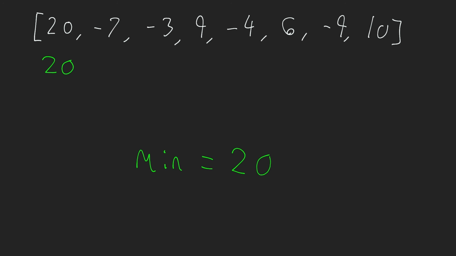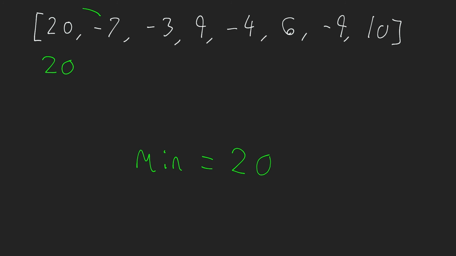For -7, I'm going to ask myself the same question. What's the minimum possible sum that I can create with a subarray that includes -7? Now, the way to do this is to say, all right, I can either just have this element here, or I can have this element and the sum of the previous minimum subarray. The previous minimum subarray is 20.